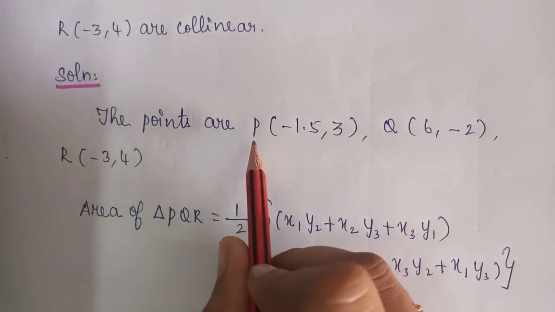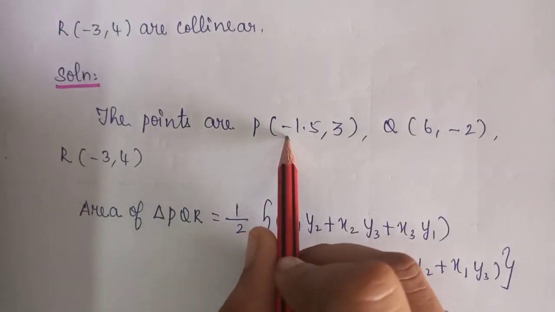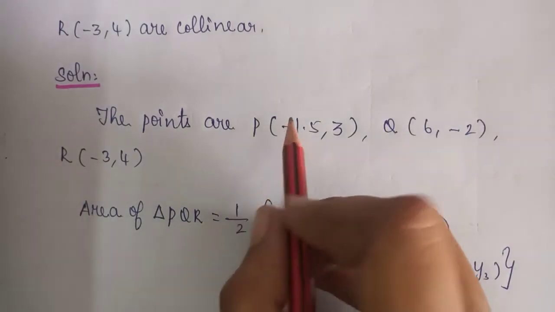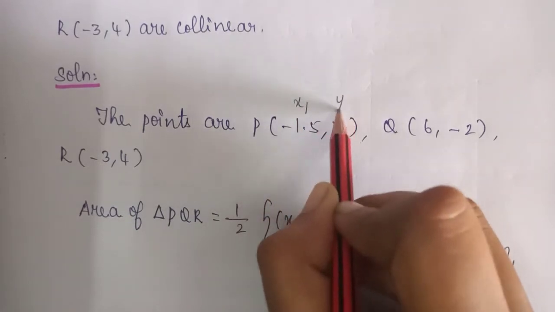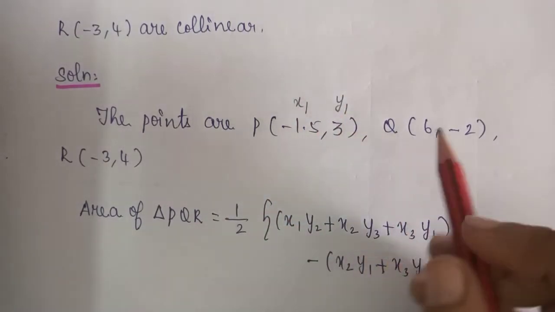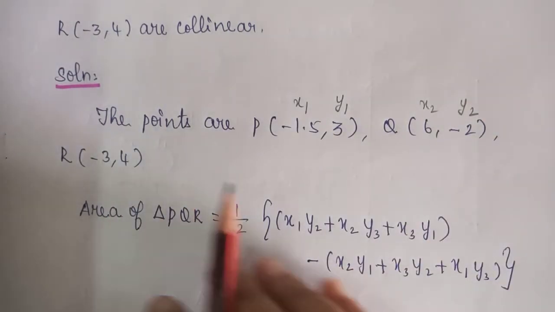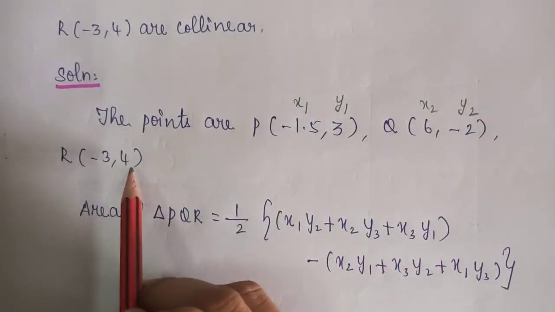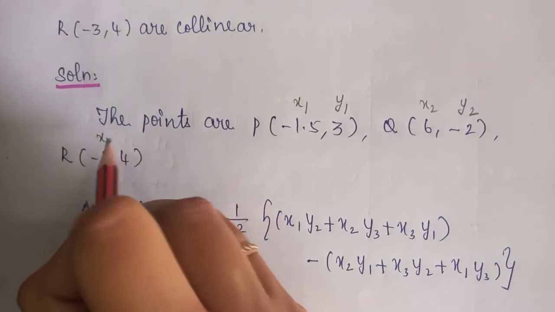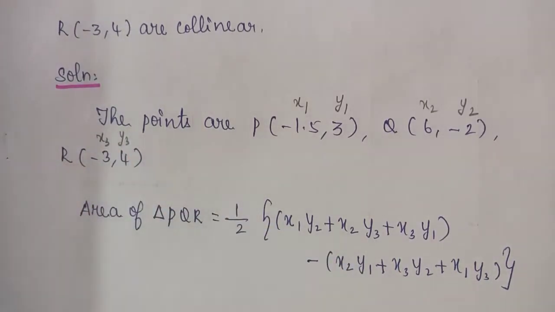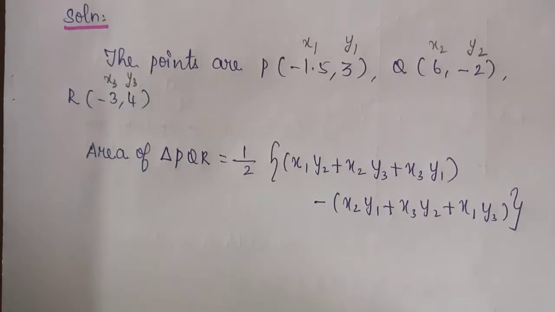Then this is the point P of minus 1.5 comma 3. This will be your x1 y1 and this is the second point, so this is your x2 y2, and finally R of minus 3 comma 4 is your x3 y3. The next step is you have to substitute the values.